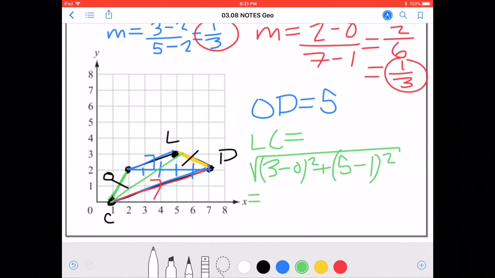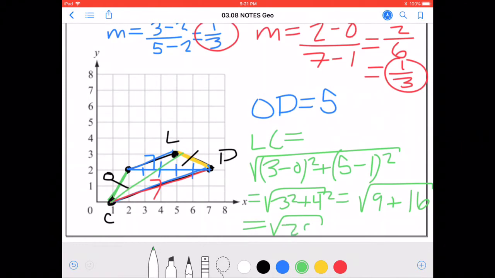So we get 3 squared plus 4 squared, so we get 9 plus 16. So we get the square root of 25, which means we get 5, which means our diagonals are the same length.